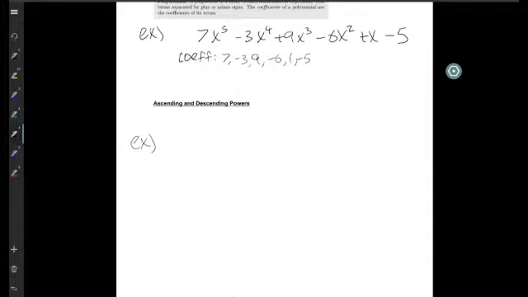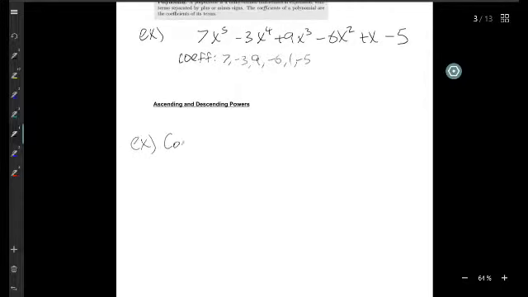So on the following example, we want to combine like terms and arrange them in descending order.